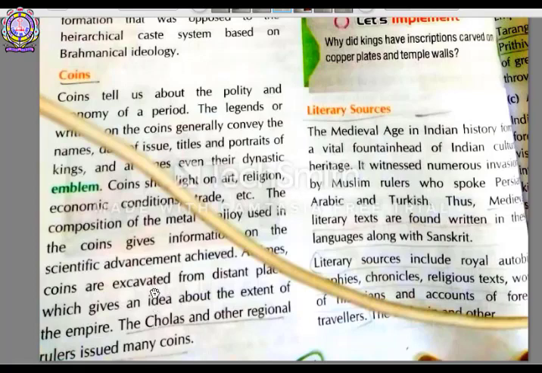The Cholas and other regional rulers issued many coins. The Chola dynasty, I have told you the meaning of dynasty, means Vans. The Chola dynasty and the regional rulers, some rulers who were not big rulers, issued many coins.